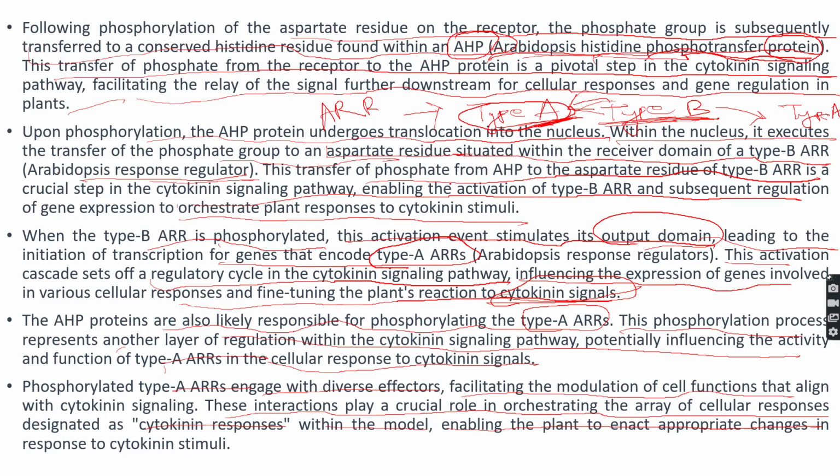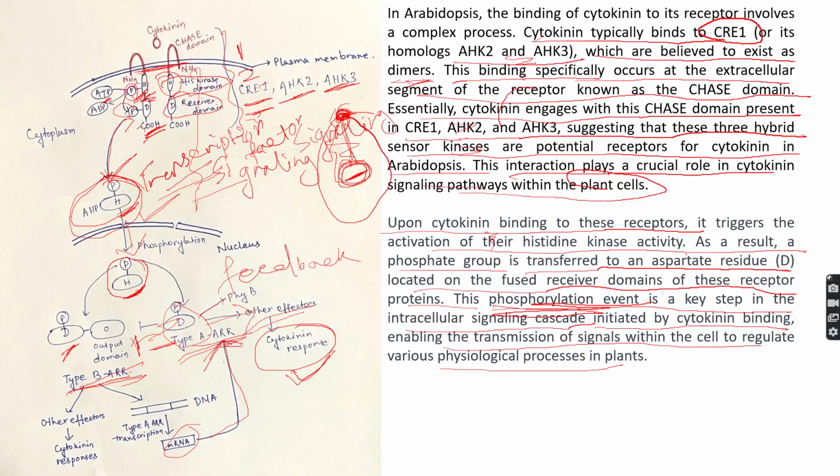Okay, so this is the whole signaling process. Let me brief you in short so that you will not forget this concept. As I told you, phosphorylation is the key process.